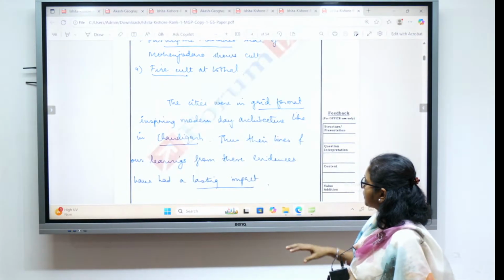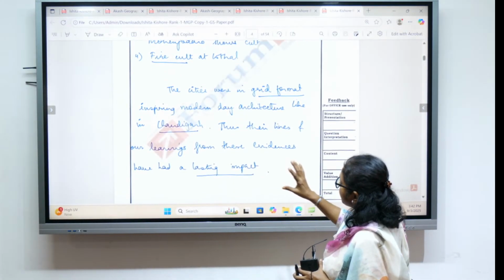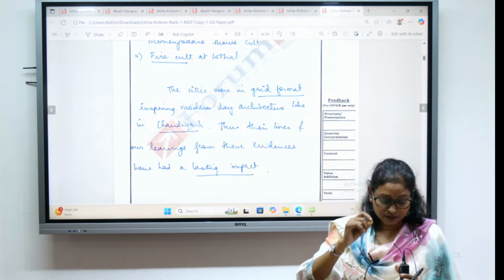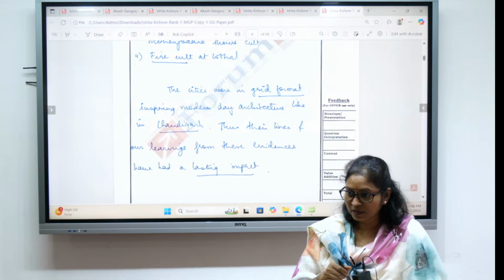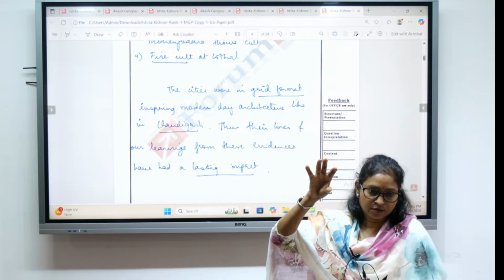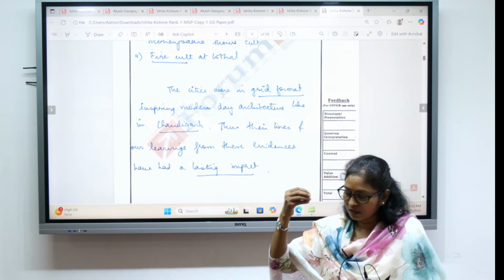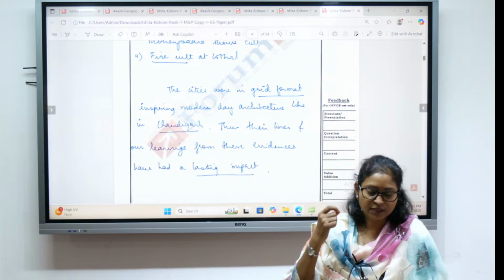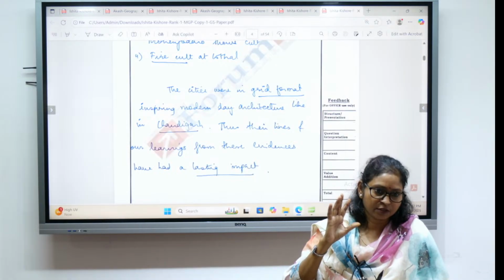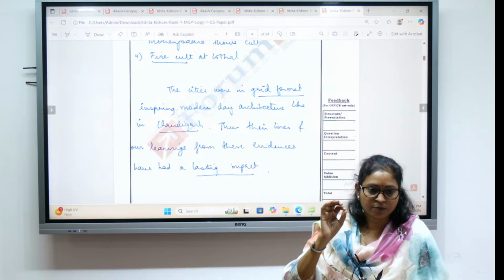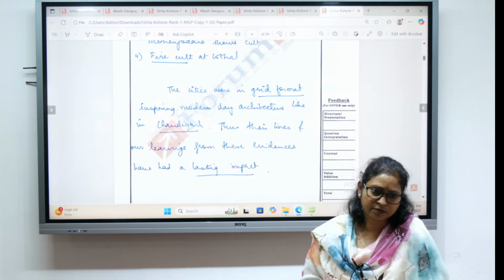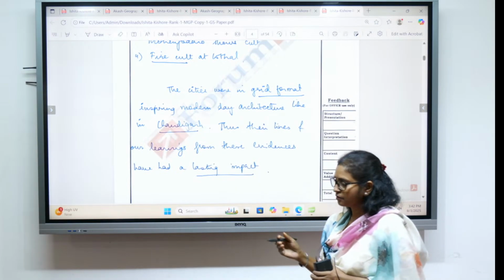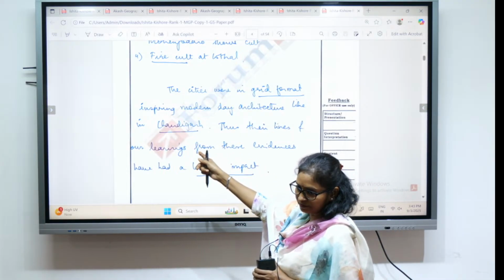She has summarized that the cities were in great form, inspiring modern-day architecture like in Chandigarh. She has given one recent example of how Mohenjo-daro's IVC techniques were included in modern town planning, in Chandigarh. This has enhanced her answer enormously. She would definitely get half a mark or one mark extra for this point, at least half a mark. This is how toppers are made, isn't it?